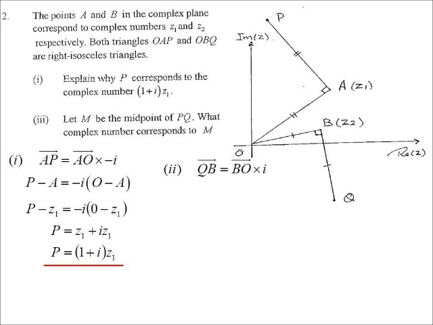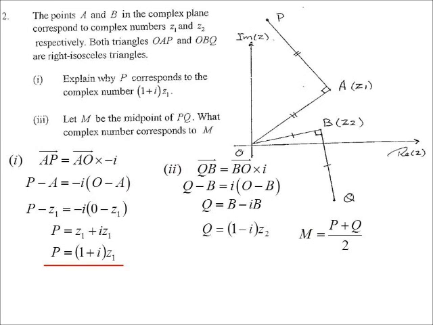If I look at the positioning there, I can say, well, vector QB, to get that one, I'm going to rotate BO, but this time I'm going anti-clockwise, so it's multiplication by positive i. Q minus B is i times 0 minus B, so we get B minus iB, so I have 1 minus i times Z2.